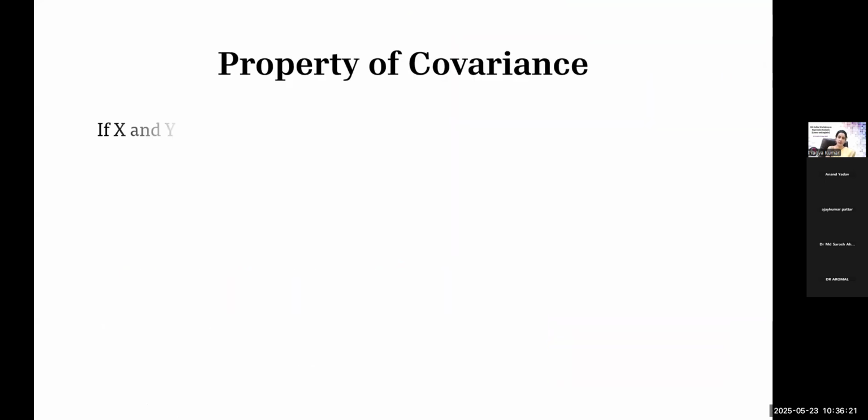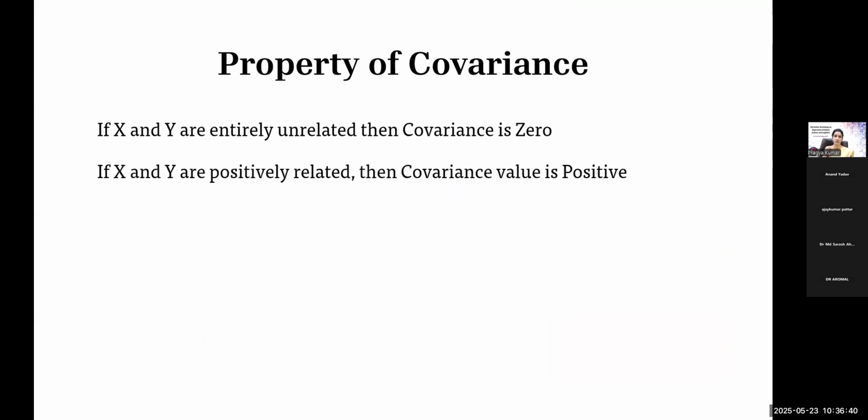So what is the property of covariance? Basically, we say that for the two variables x and y, where x is your independent variable and y is your dependent variable, if x and y are entirely unrelated, then the covariance will be 0.